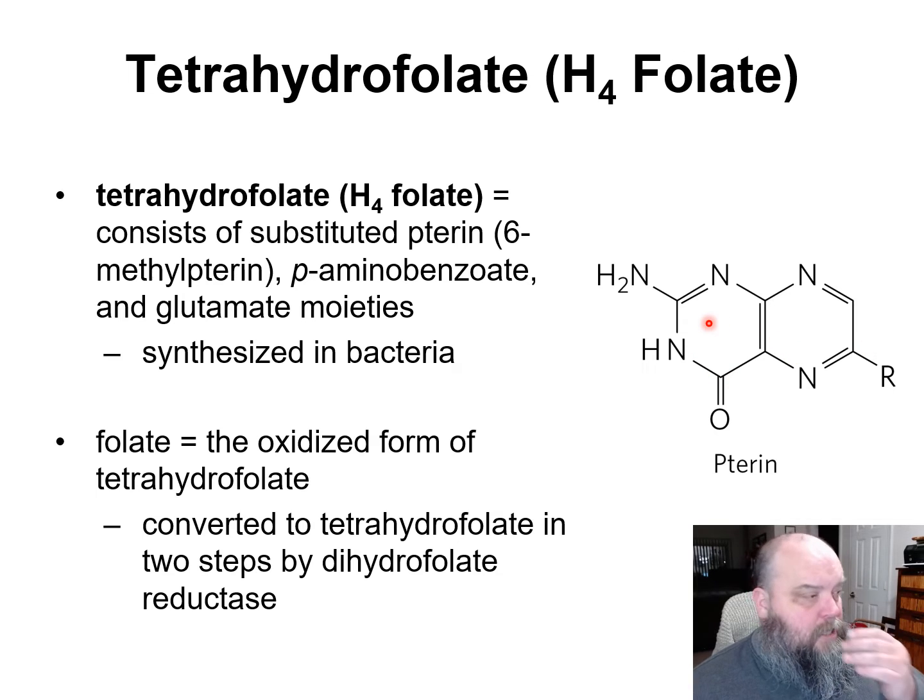This is synthesized in bacteria more often than not. You'll have a version of this in folate, which is made or further processed by plants. Some plants make it themselves, and a lot of them take it from the bacteria in the soil that they're associated with. We animals get it by eating plants, or if you're really good, you eat an animal that ate a plant, for those of you who are truly carnivores.